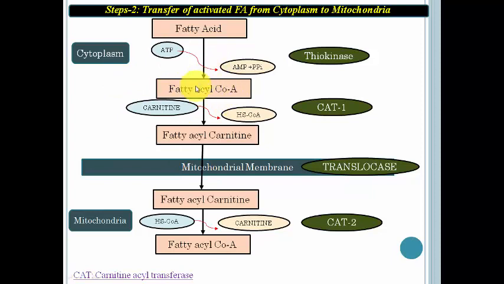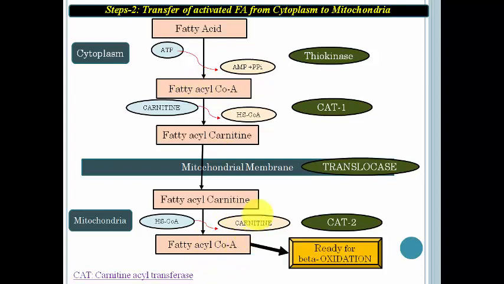So this activated form, fatty acyl CoA, has finally reached the mitochondria, and now it can enter the beta oxidation. This step is carried out by CAT2, that is carnitine acyl transferase 2. With the help of CoA, the carnitine is released, and this carnitine will be sent back to the cytoplasm for binding of more molecules of fatty acyl CoA.